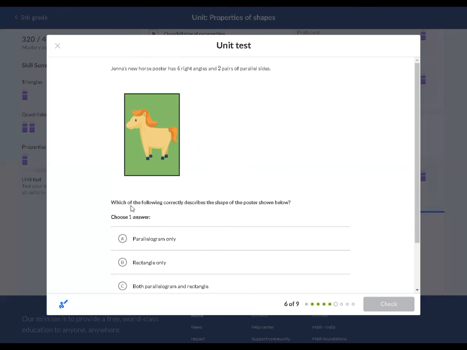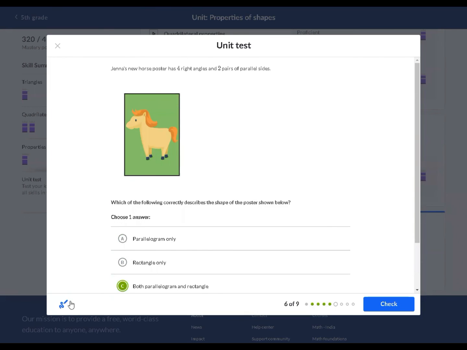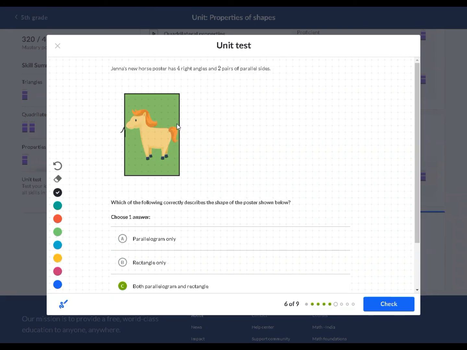So it describes the shape. Okay, so this is a rectangle. This can also be a parallelogram. I guess that they're both. Yeah, they are both, because this is parallel to this and this is parallel to this, and all angles are also right, and opposite sides are also equal.